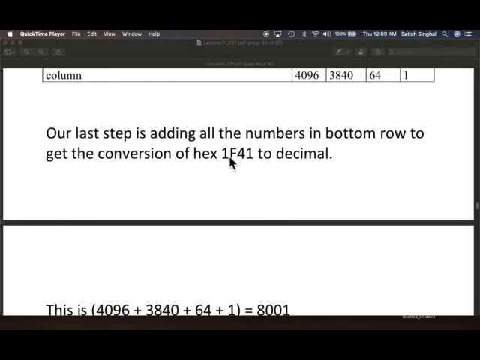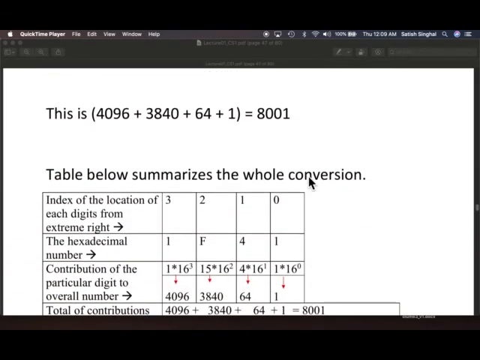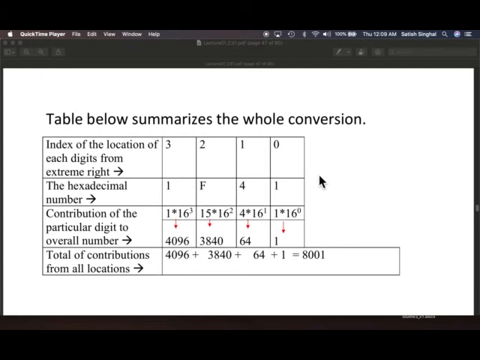The number 1F41 in decimal will be 8001. Okay, and that's the summary again, which you saw. I already described how we get these, and then we add them all together to get the conversion of 1F41 to the decimal system, which is 8001.